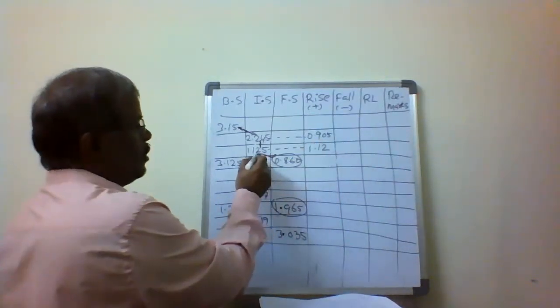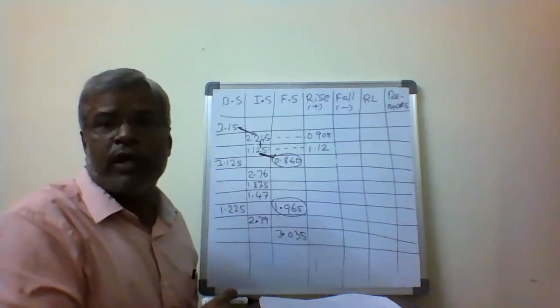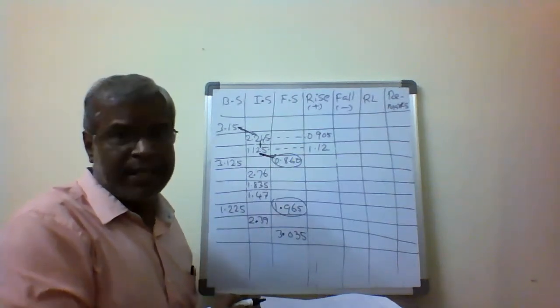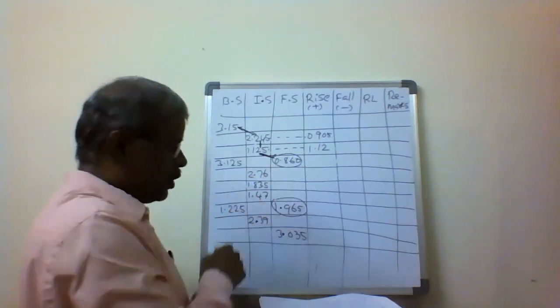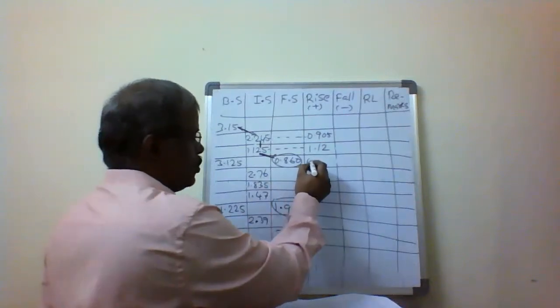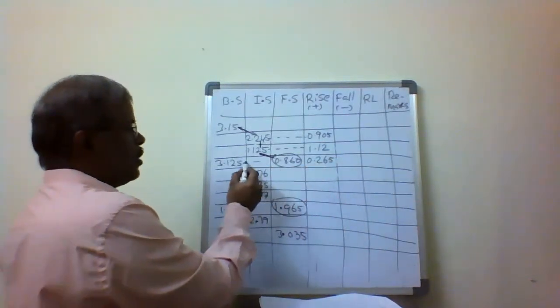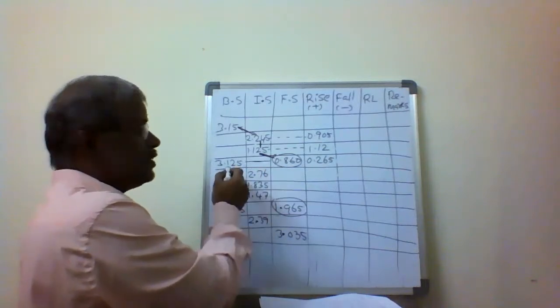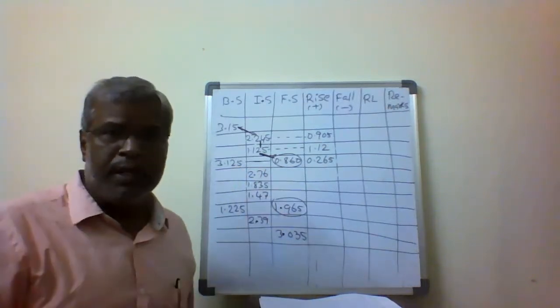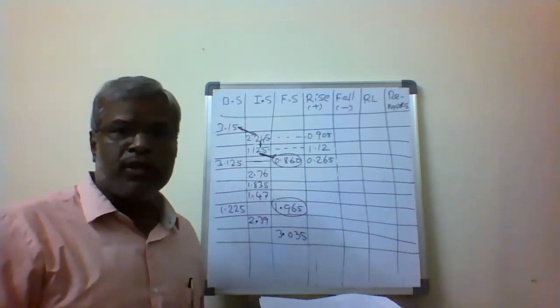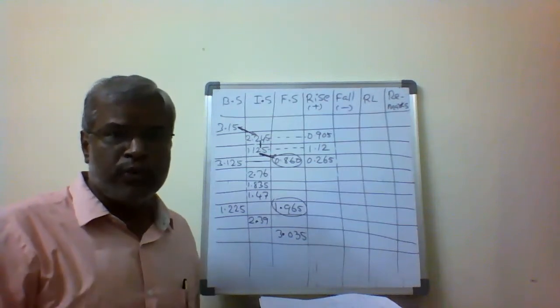Then I compare these two, 1.125 and 0.860. This is also a positive value, so 0.265. Now I will not compare these two readings, 0.86 and 3.125, because at the same point we have two readings. Only consecutive readings have to be considered.